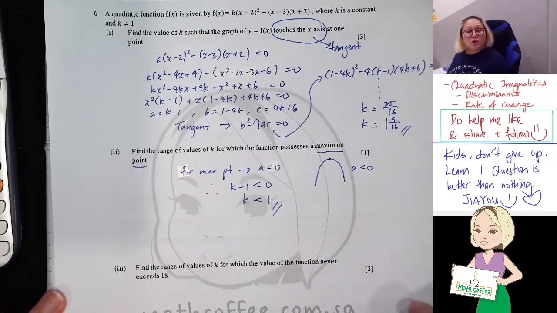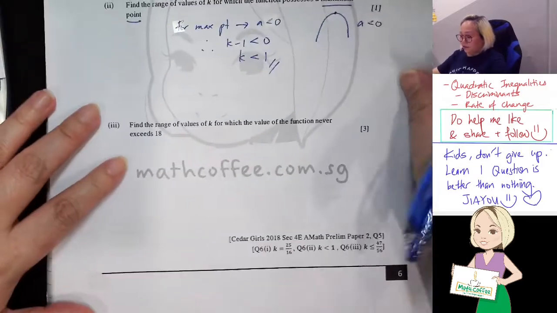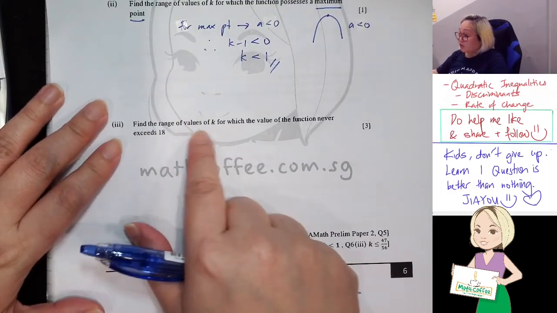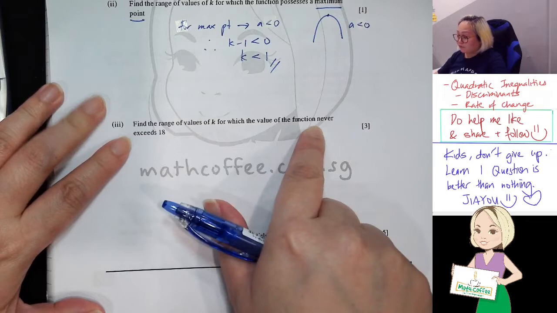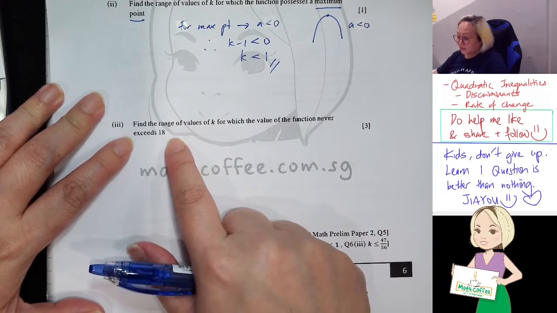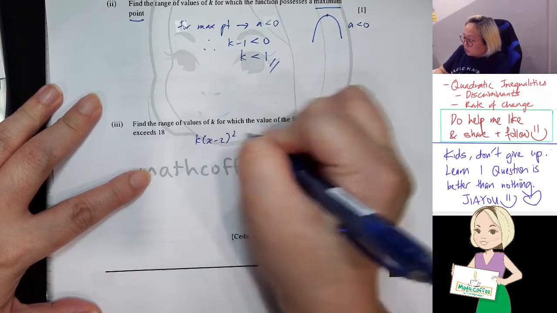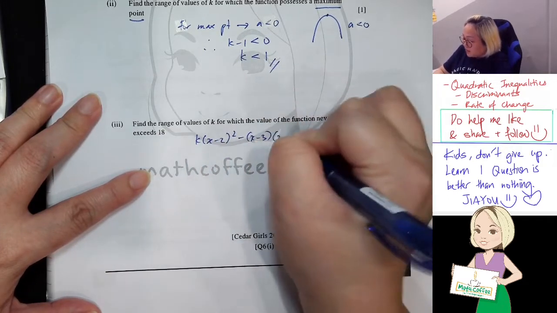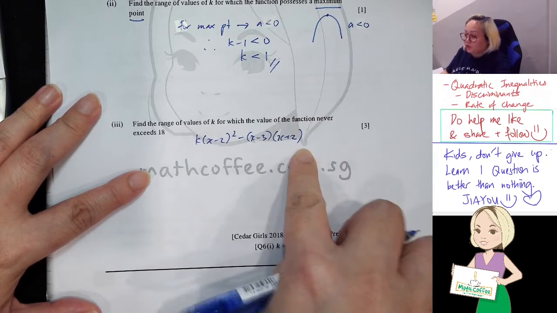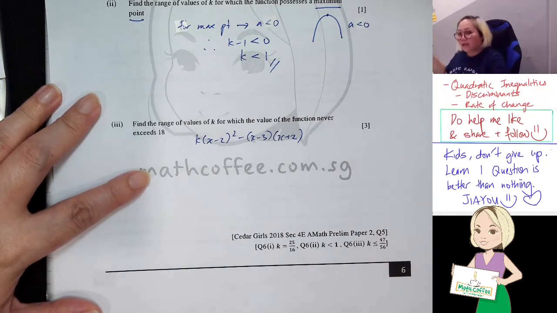Okay, so next, this one. They say find the range of values of k for which the value of the function never exceeds 18. So my function is k(x minus 2) squared minus x minus 3x plus 2. They are saying this function doesn't exceed 18, correct?